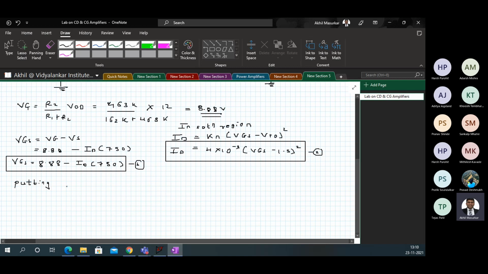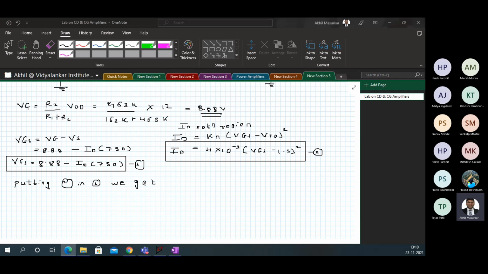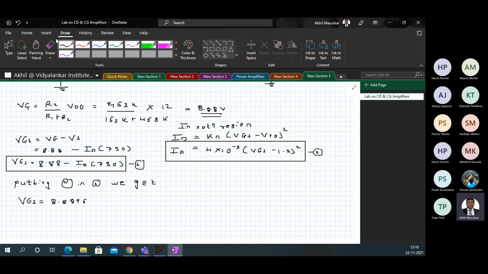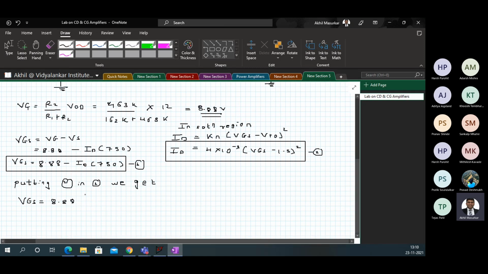So when we put 2 in 1, we get VGS equal to 8.8896 or 8.88, whatever you have got, minus ID, which is 4 into 10 raised to minus 3 into VGS minus 1.5 the whole square, into 750.